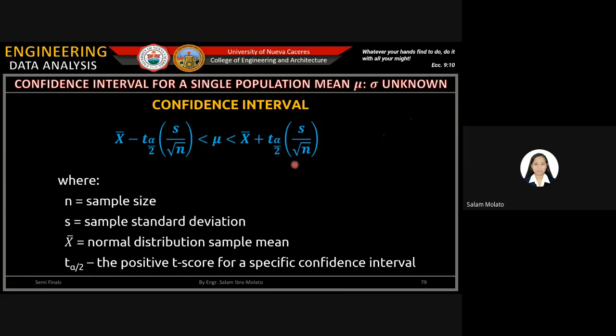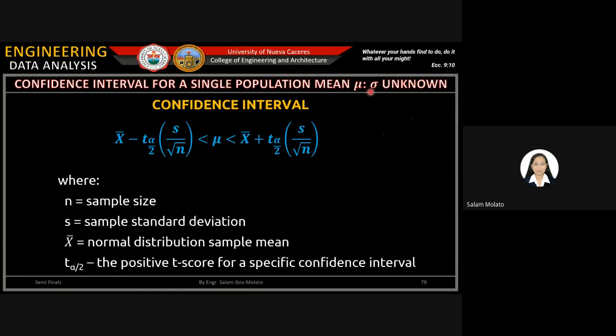Again, the only difference is that when sigma is known, we use z and sigma here. But since sigma is unknown, we will use S, the sample standard deviation, instead of sigma.